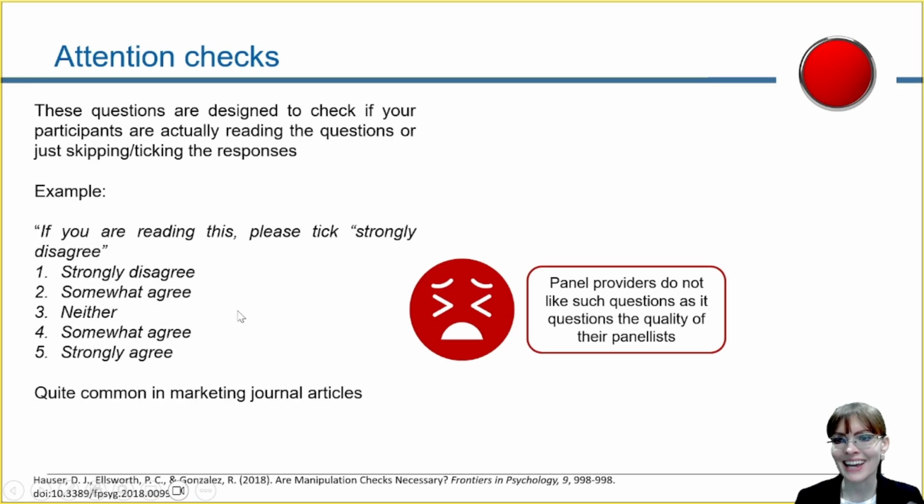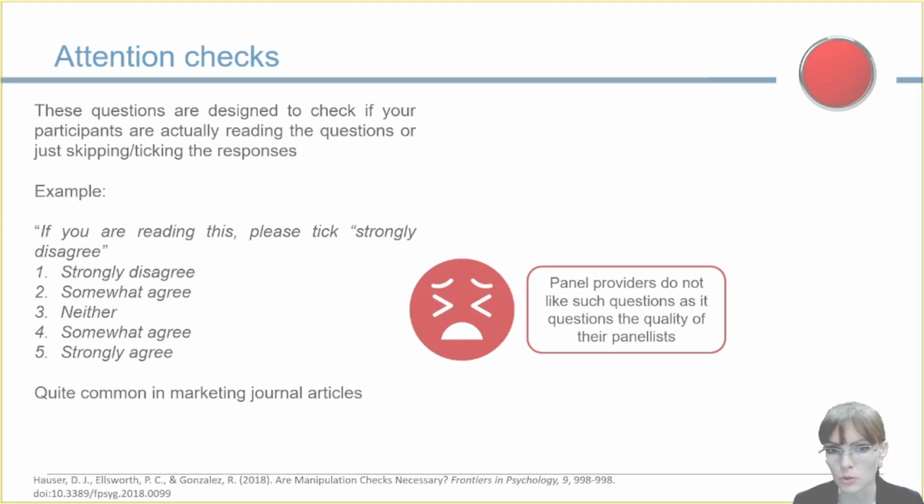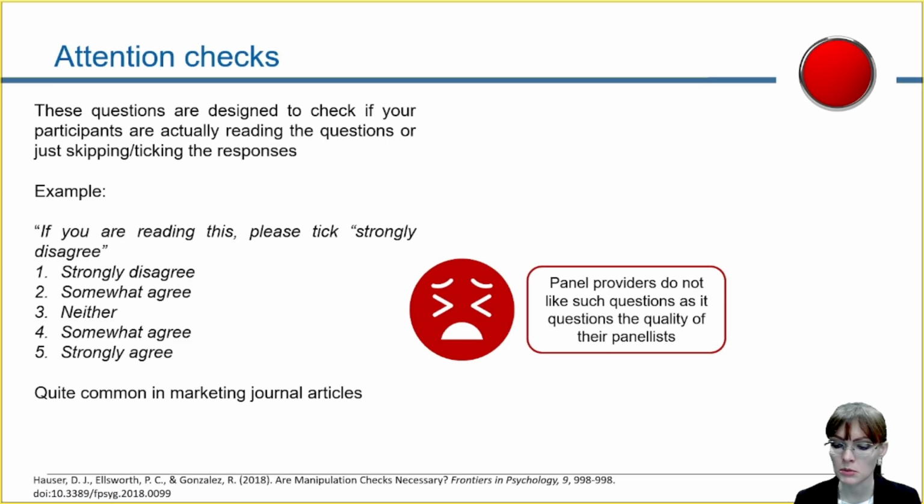So if you're liaising with different panel providers, make sure you let them know where these attention checks would be, because usually they are located sort of in the middle of the experiment, and they will tell you if they would like to increase the cost per participant for you or if it's okay to keep it as it is, as they have originally quoted. Your transparency when dealing with panel providers is crucial because you are telling them that participants may be potentially screened out if they're not paying attention.